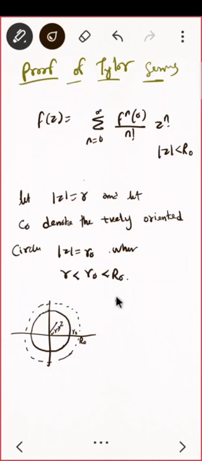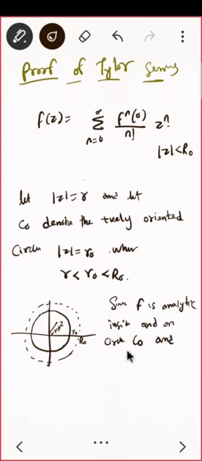Now you know that since your function f is analytic inside and on circle C naught, and z is interior to C naught, can I apply my Cauchy integral formula?